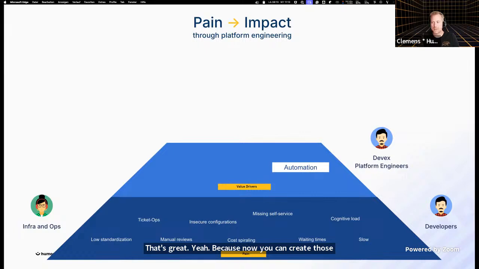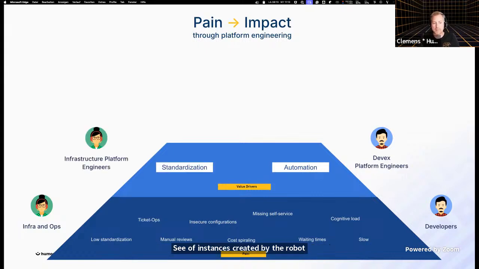But in the end, that leads to the fact that the other side is drowning in possibly a bigger sea of instances created by the robot. And that means on the other side, you have the infrastructure platform engineers, and their weapon of choice is standardization to counter that force created by the automation.